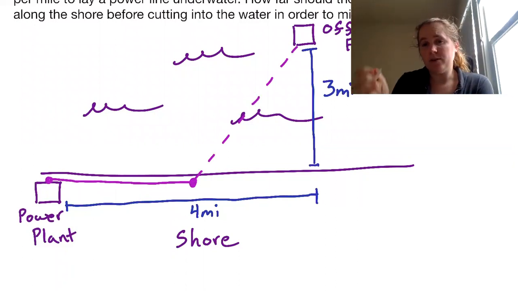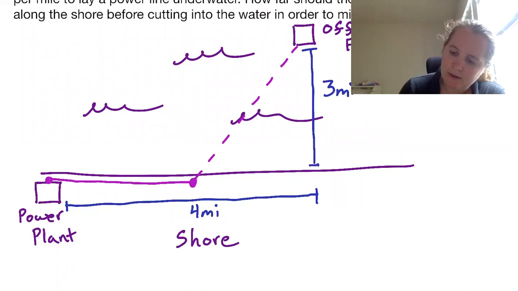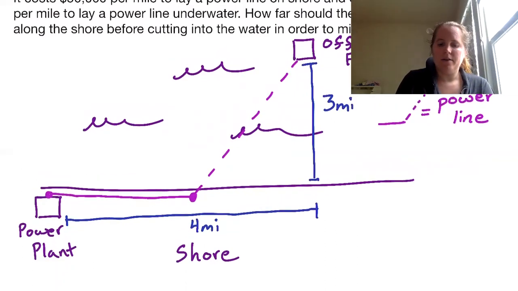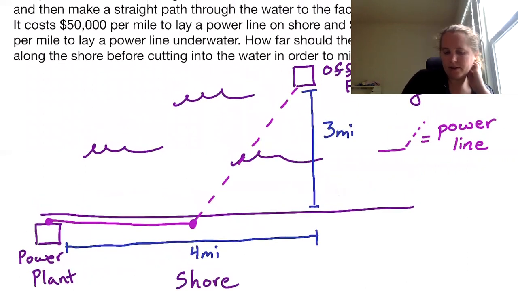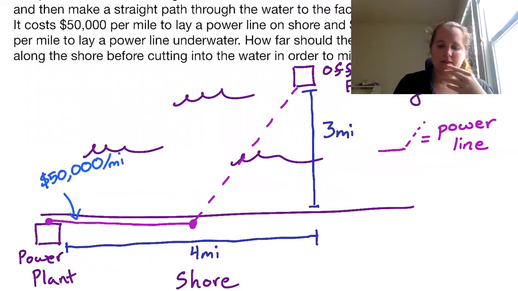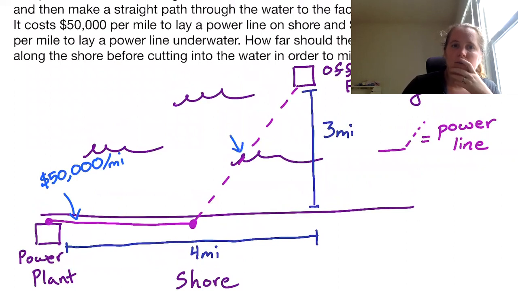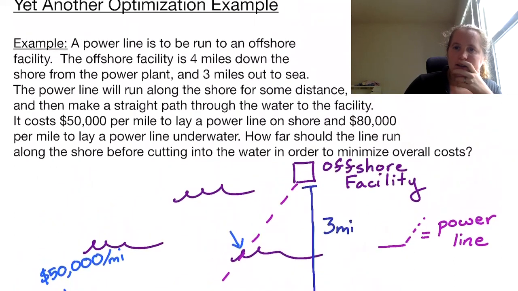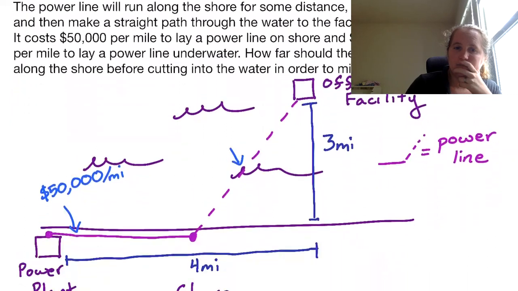So what's in purple is our power line. We're told that the first part is $50,000 per mile, and the second part, the part that's underwater, is $80,000 per mile.